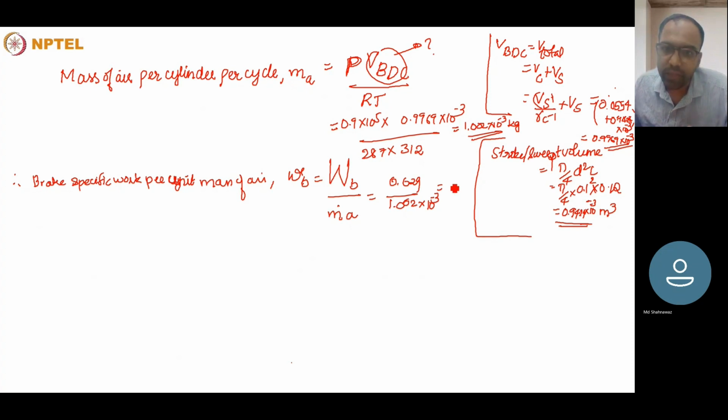It will be coming around 628 kilojoule per kilogram.